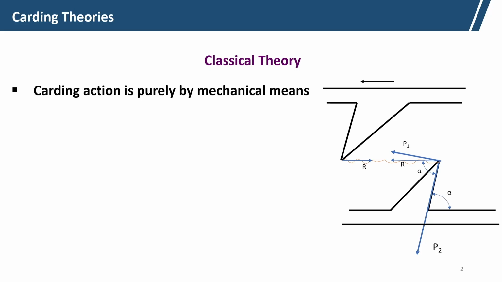So, this we have already discussed here, and what we found is that cot alpha is more than mu. Mu is the coefficient of friction between fiber and the pin surface.